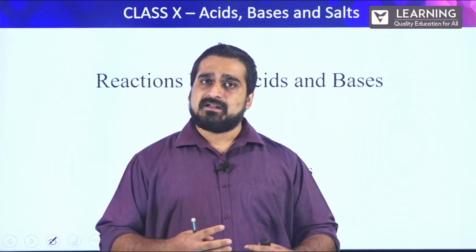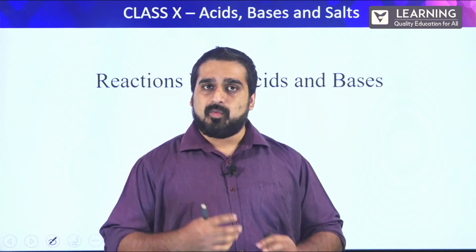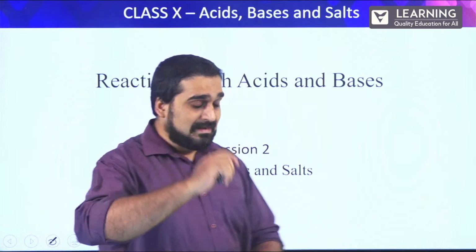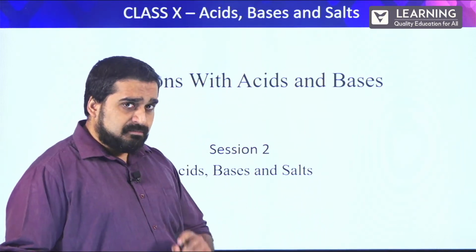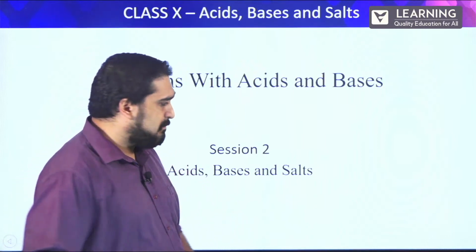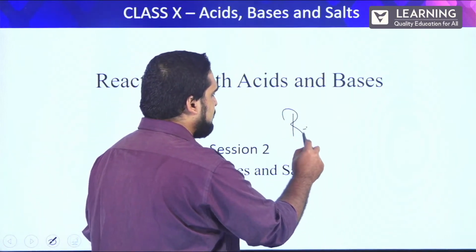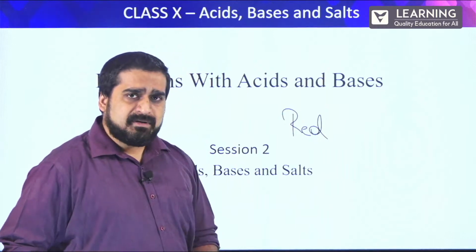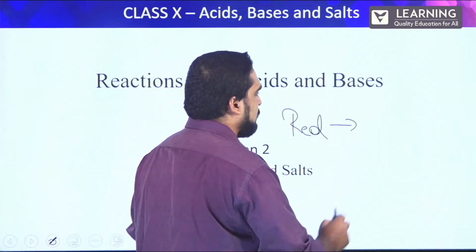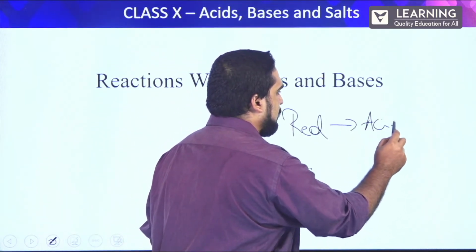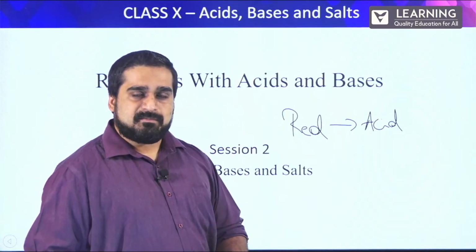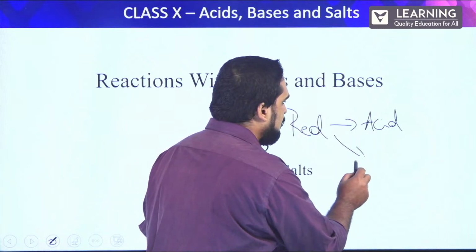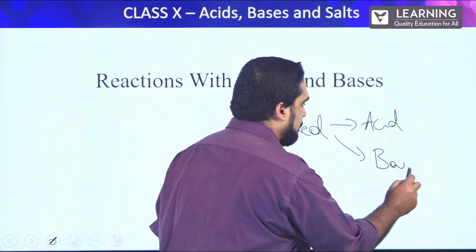So how does the color change for a given litmus paper when dipped in acid or a base? Let's look into it. Let's take a red litmus paper and dip it into acid. Then take the same red litmus paper and dip it into base.